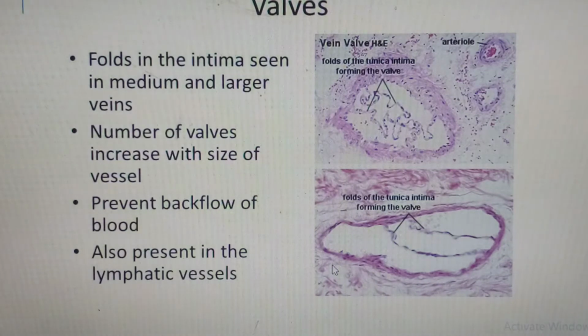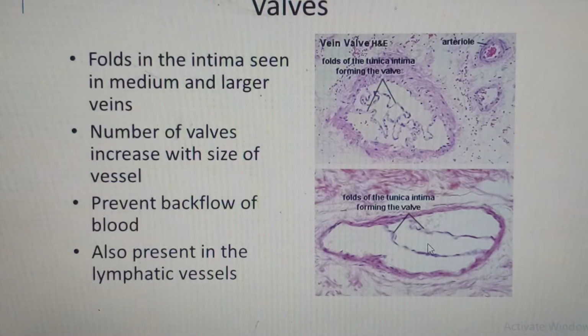Now, I told you that veins will be endowed with valves. So if you see something in the lumen which has that kind of squamous lining, epithelial cells, then of course it is derived from the tunica intima, actually from the endothelium. What these valves do, just like we saw in the case of the chambers of the heart, is prevent the backflow of blood, ensuring unidirectional flow of blood.